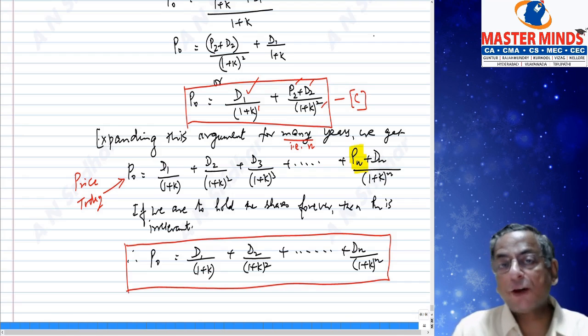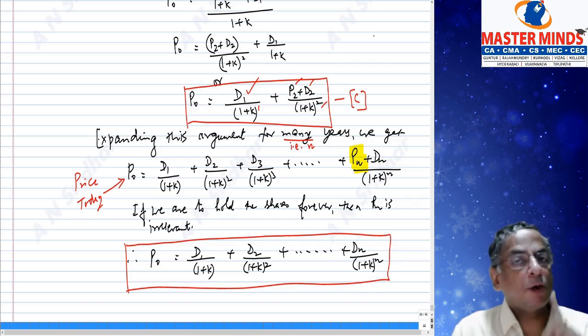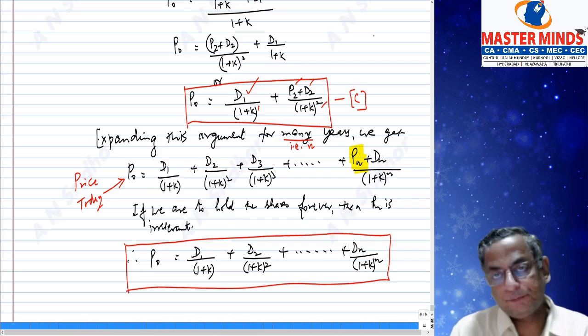So we can see very carefully now what we have done. We are finding the price today. It is the first year dividend discounted once, second year dividend discounted twice, third year dividend discounted thrice, nth year dividend discounted n times.